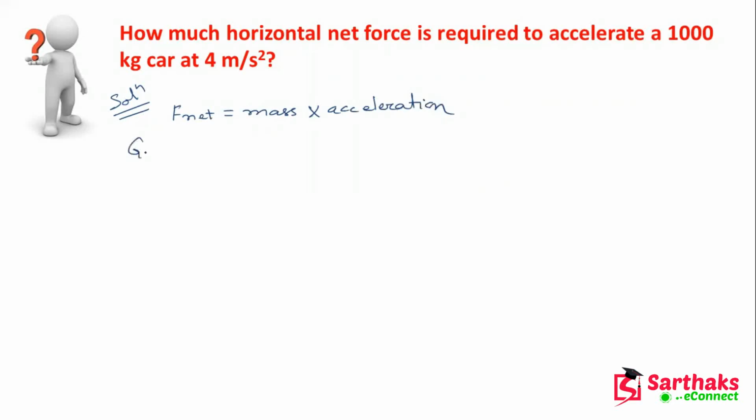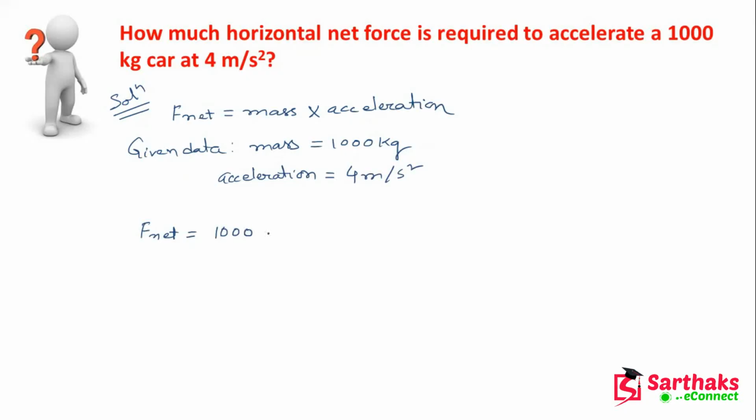Now, given data: mass is 1000 kg, acceleration is 4 meter per second square. So F net will be 1000 into 4, that is 4000 Newton. And this is the answer.